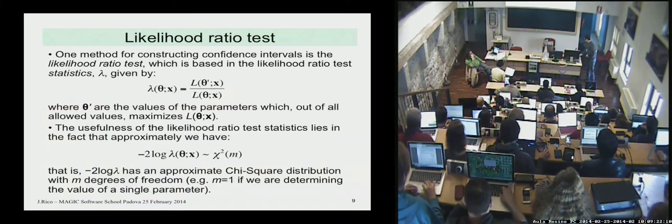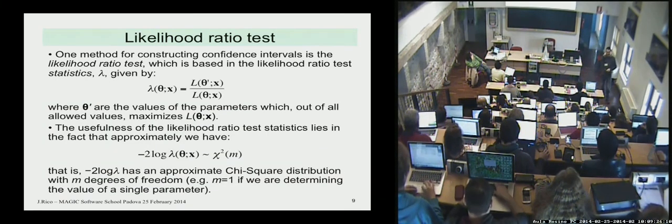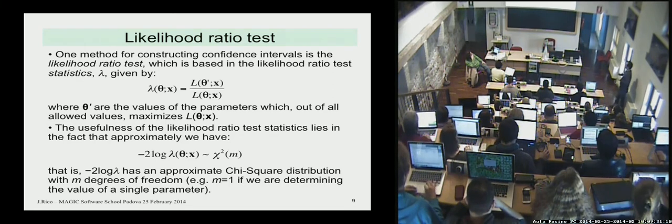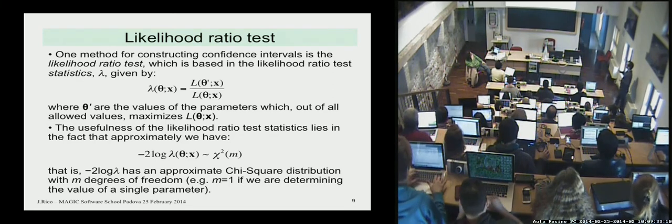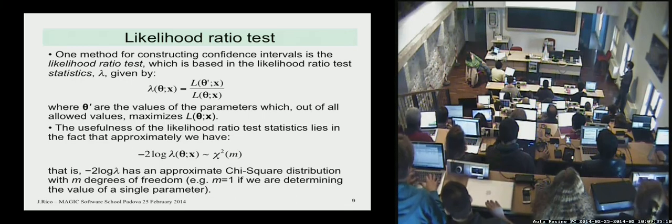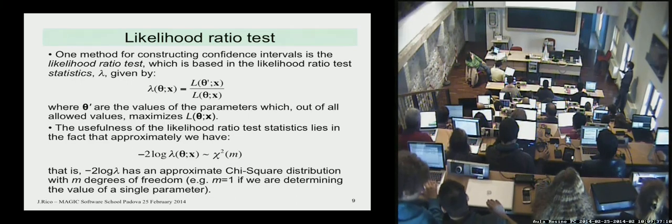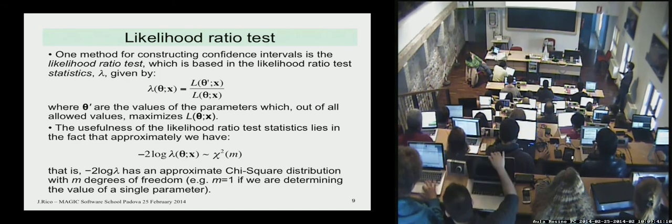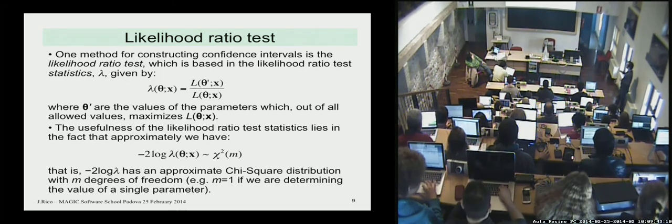But good that you're asking questions. So now the likelihood ratio test that we will use for many things. In this context, it is a method for constructing confidence intervals, and it's based on the so-called likelihood ratio test statistic lambda, given by this expression here.